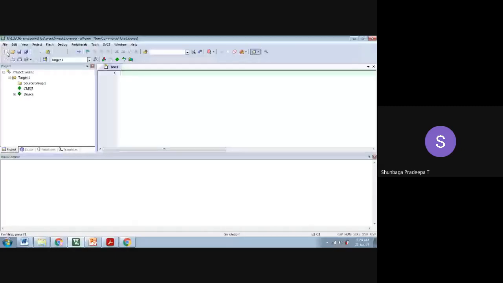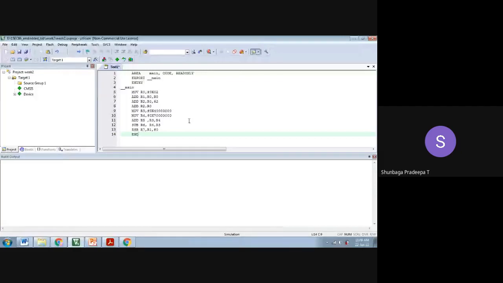You have to type the coding. Okay, so just I copied it. So here your area main port read only, and export your main. Then you start with the entry point. Start your main coding. So first what we are doing, we are moving this. So after typing all your codings, you can end with the keyword end.